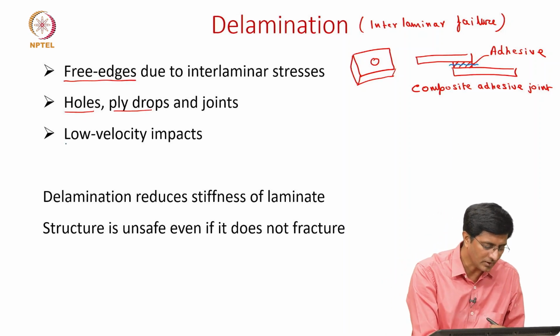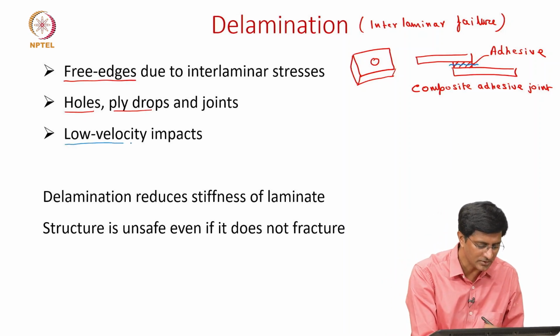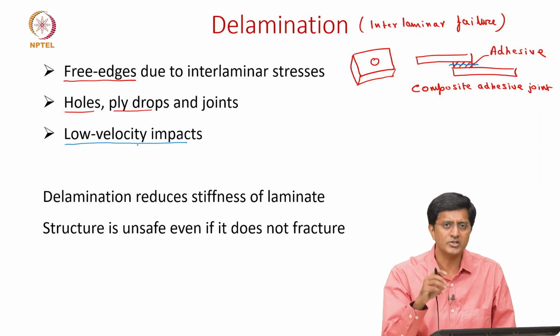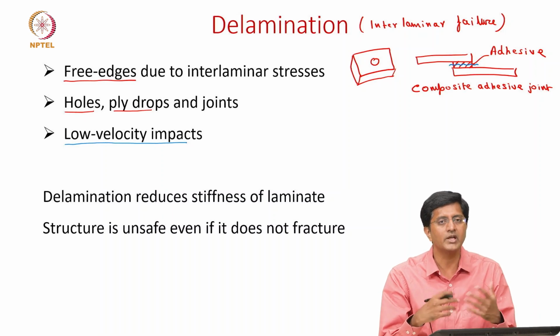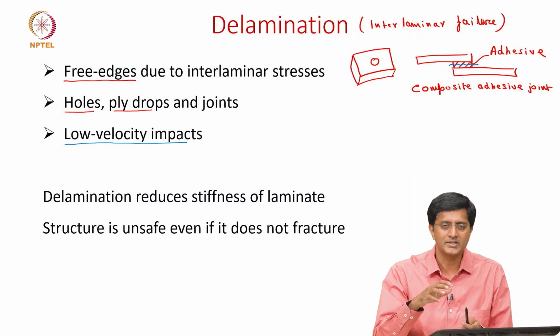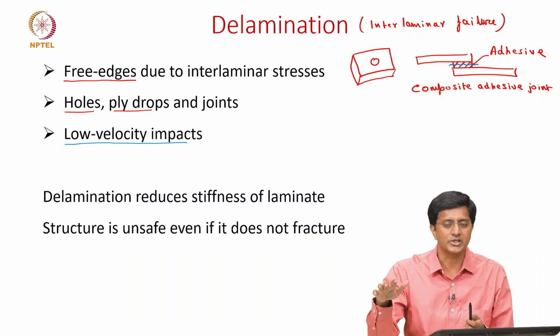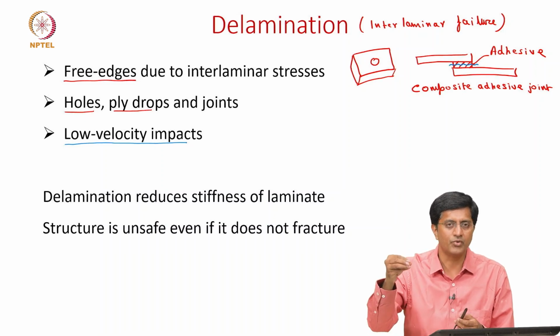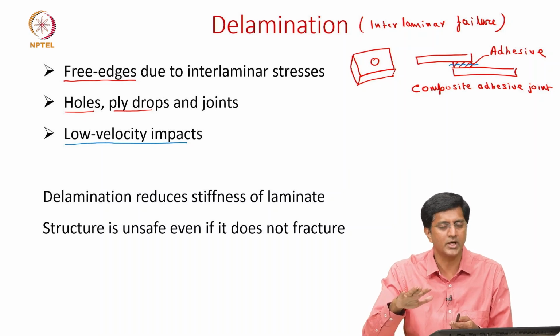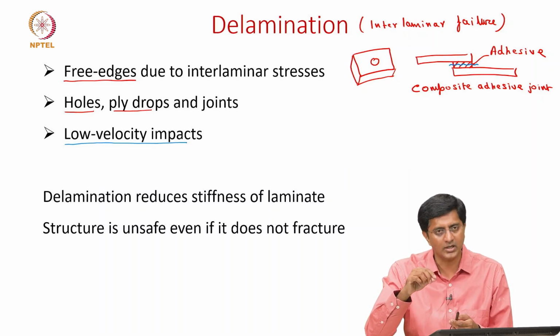But there is another instance of delamination. Let's talk about low velocity impacts. Usually low velocity means we are not talking about very high velocities, but let's say a tool drop. Let's say we are talking about aerospace structures, and there is a wrench one workman is holding and he drops it on a composite panel. What happens? On the surface you won't see any damage because there are no dents occurring on the surface.